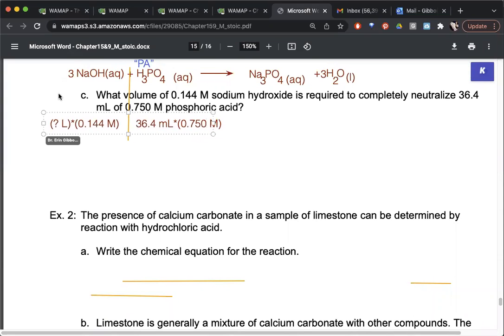So I'm using this to keep track of the sodium hydroxide and the phosphoric acid. So maybe that's not useful. We can also just look at it from dimensional analysis. How many milliliters of solution, and this is the NaOH solution, do I need to neutralize? So here's the equals.